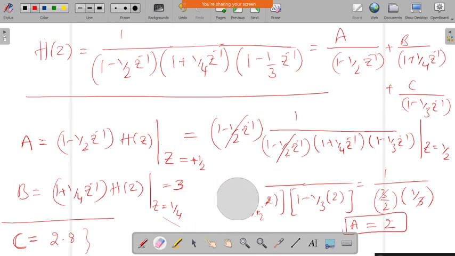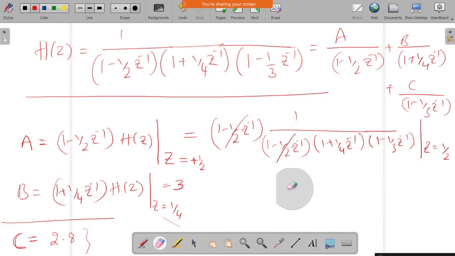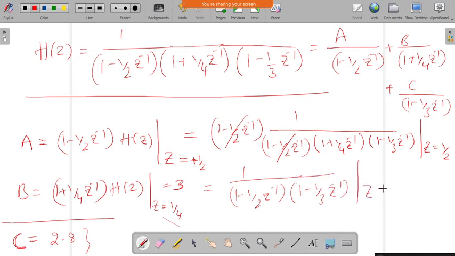Okay, let's find out the value of b. So we are going to get 1 over 1 minus 1 by 2 z inverse into 1 minus 1 by 3 z inverse at z equal to minus 1 by 4.